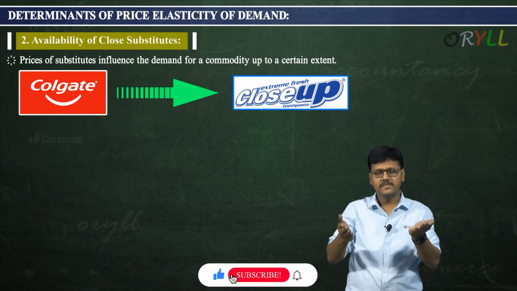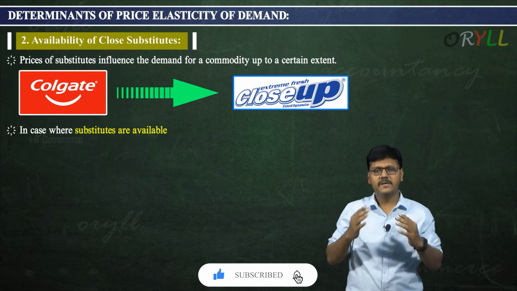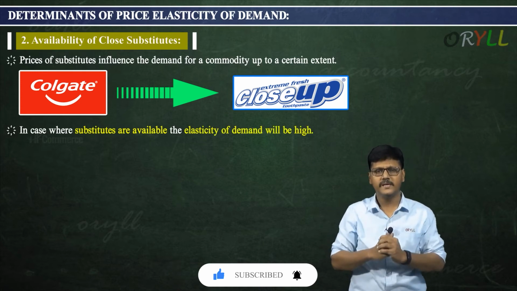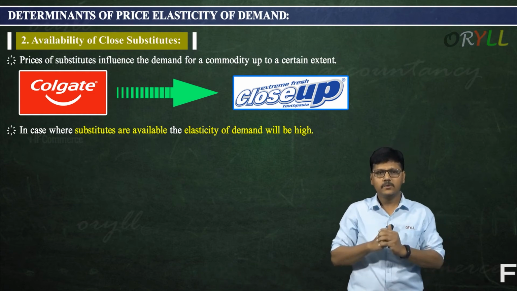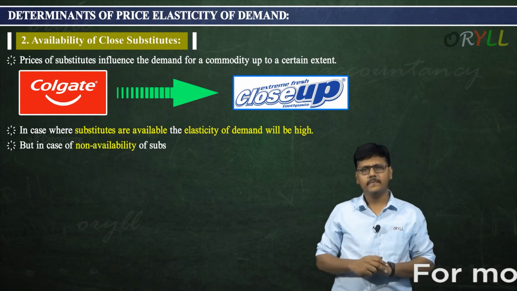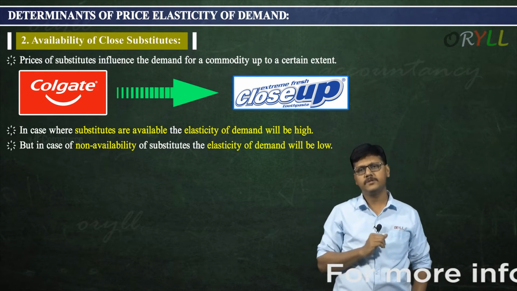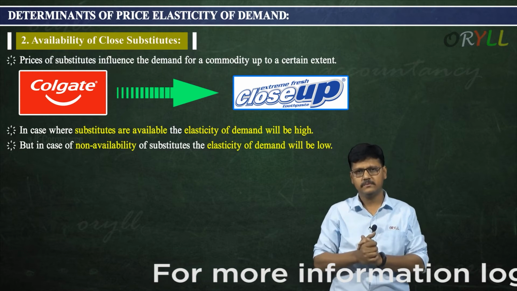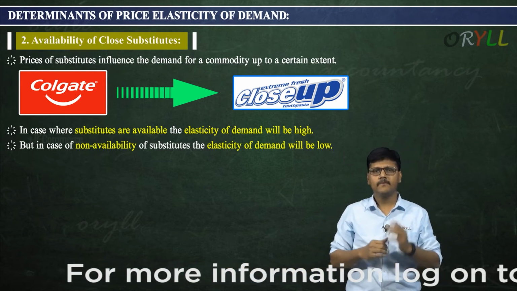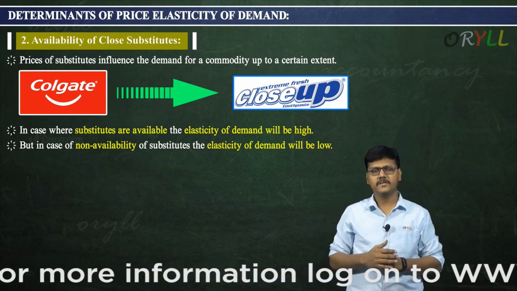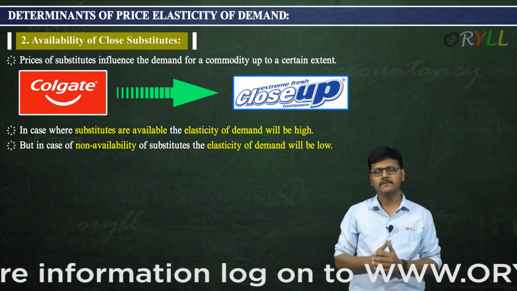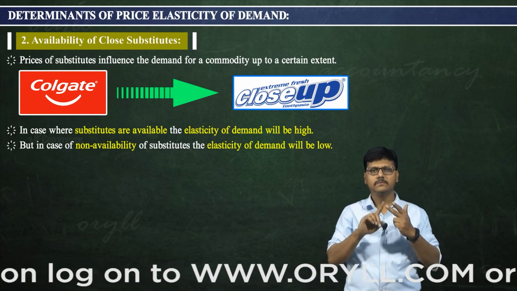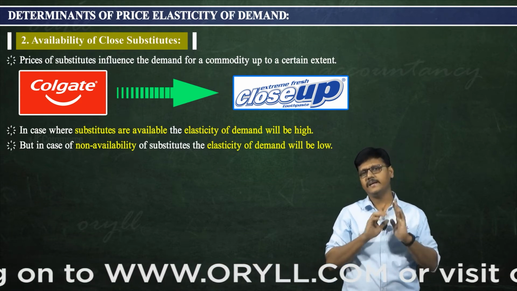So when close substitutes are available for that type of commodity, demand is elastic. But in case of non-availability of substitutes, the availability is less. Take an example: nowadays we have only 3 telecom operators. Once upon a time there were many, but now only 3, like Jio, Vodafone, Idea and Airtel.